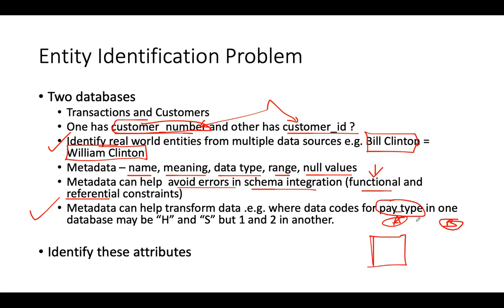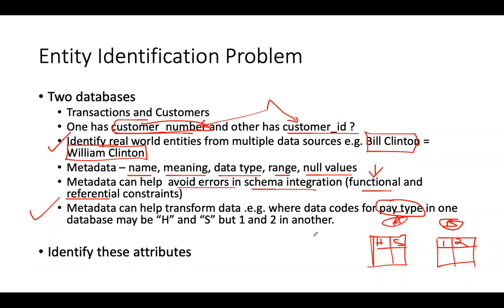Let's put an underscore there, just to make it elegant. On one hand, this database has H and S, meaning hourly and salary. Then in the other database, for the same pay type, we're using 1 and 2. So this is another good example of entity identification problem.